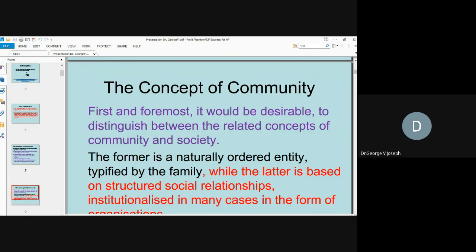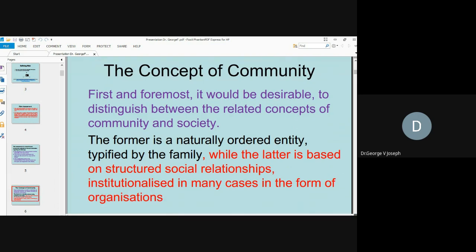But society is quite different. It is in relation to the institutions which exist, what types of organizations are there. So there is a difference between the community, which is a natural entity, and society, a social entity based on social relationships. That needs to be understood.